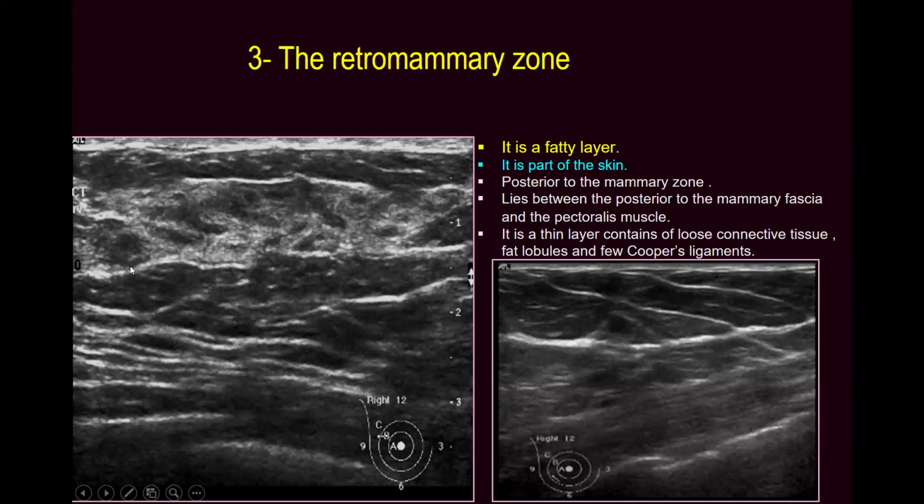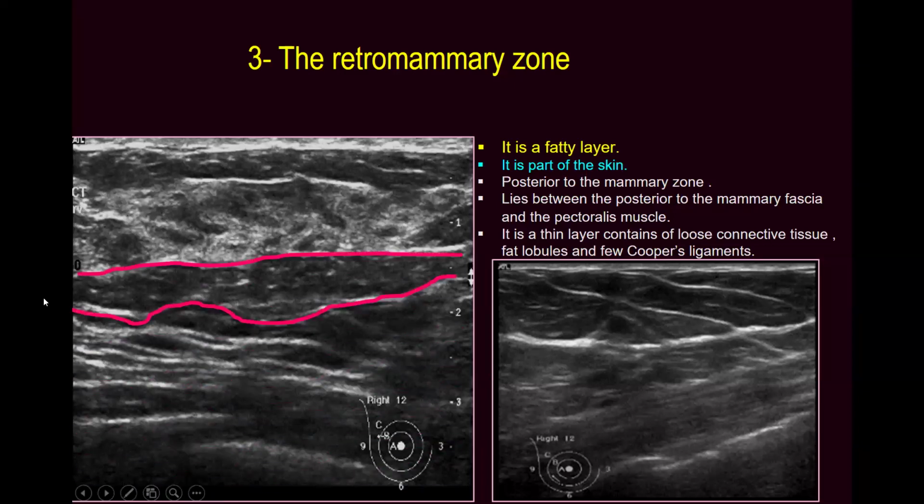This hyperechoic layer, the retromammary fascia, the fatty layer posterior to which is the retromammary zone, okay? It lies between the posterior or retromammary fascia and the pectoralis muscles. It is thin. It contains fat lobules and loose connective tissue.